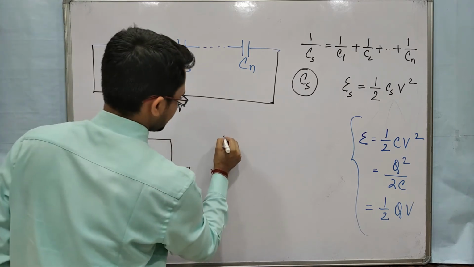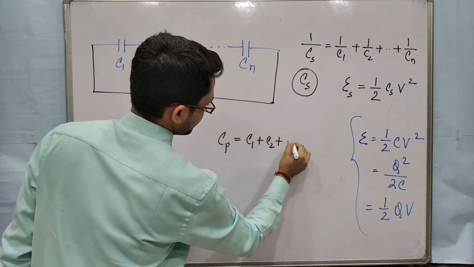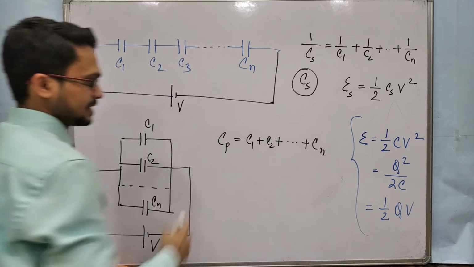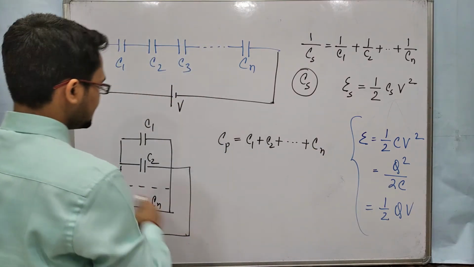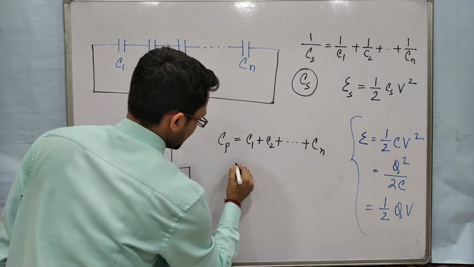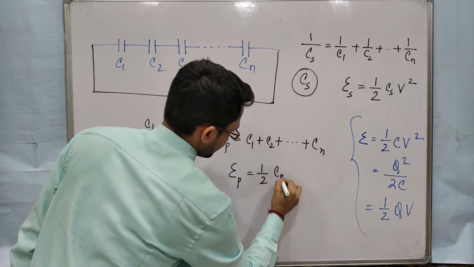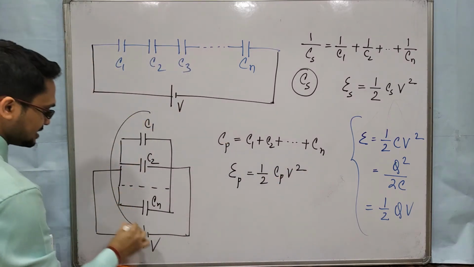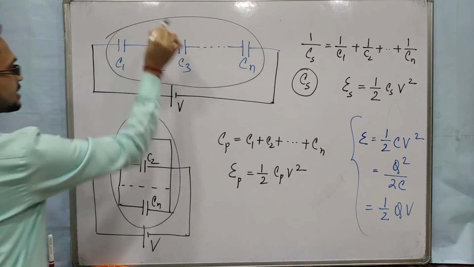In this combination you will get CP equal to a simple addition, which means the equivalent capacitance is always greater than the individual capacitances, and the energy stored in this system, EP, will be half CP into V square.